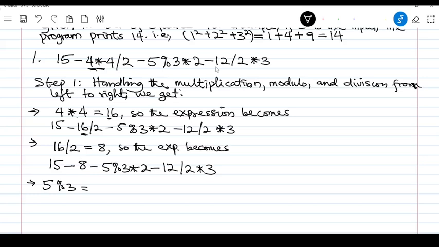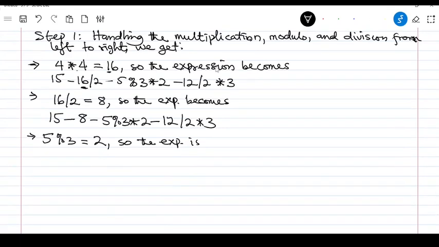So we're going to have a remainder of 2, right? So the expression becomes 15 minus 8 minus 2, because now 5 modulo 3 is going to become 2.